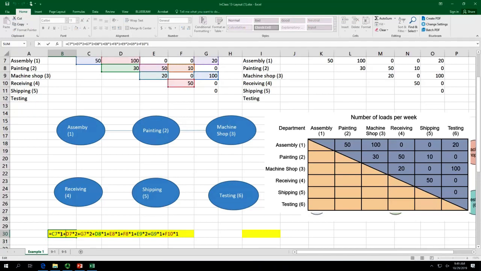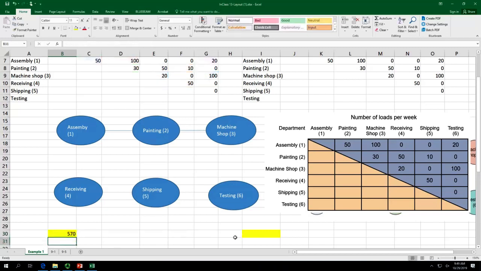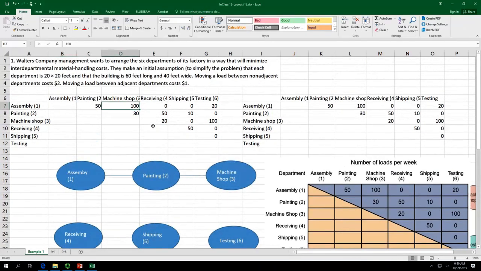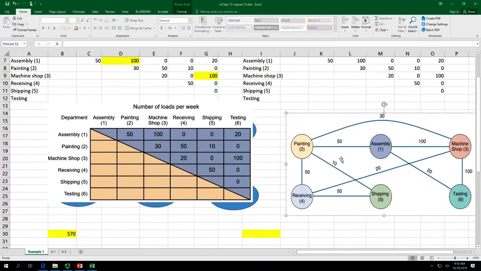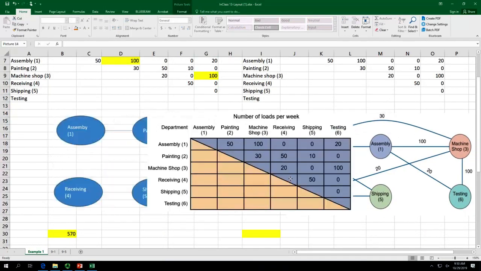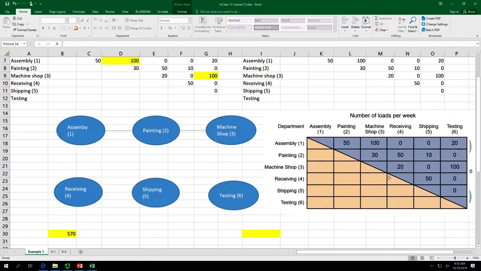So this is the first one. We use the sequential kind of like order to organize all the process layout. So 1, 2, 3, 4, 5, 6. And obviously, when you use the sequential layout, you really didn't consider the high impacting factors, 100 and 100 over here. So we want to consider this high impacting load.